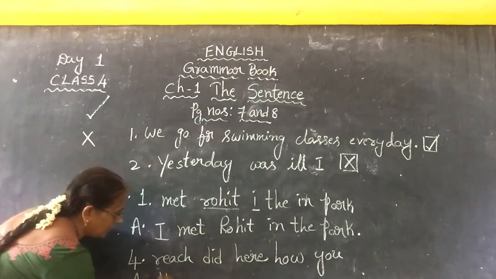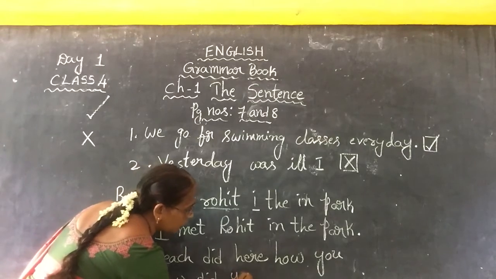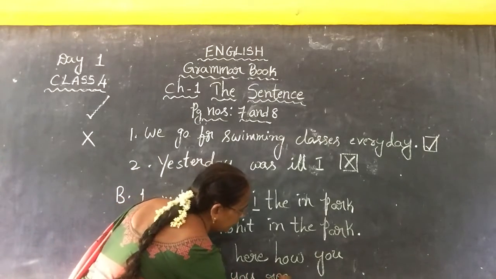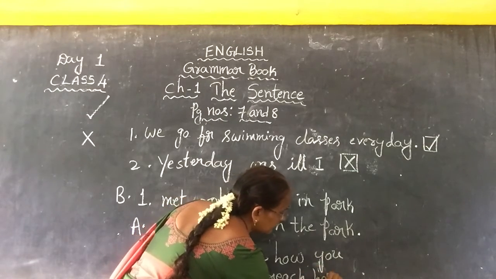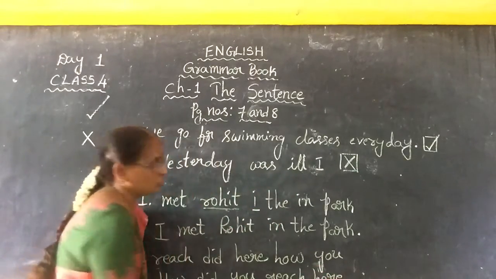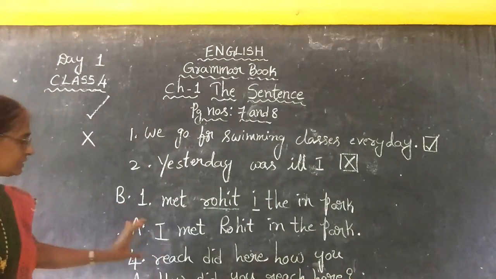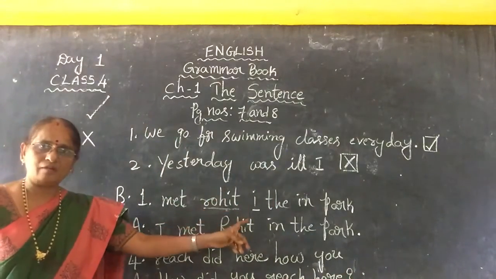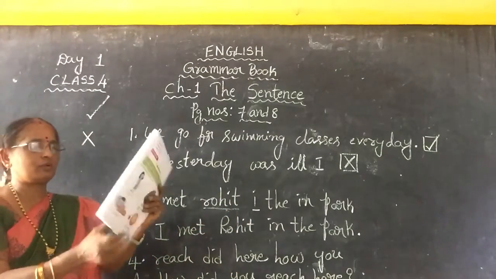So, how, H capital letter, how did you reach here? So you are asking a question, so question mark, like this. According to the sentence, we have to put a full stop, or question mark, or exclamation mark. Like that, we have to write this one.